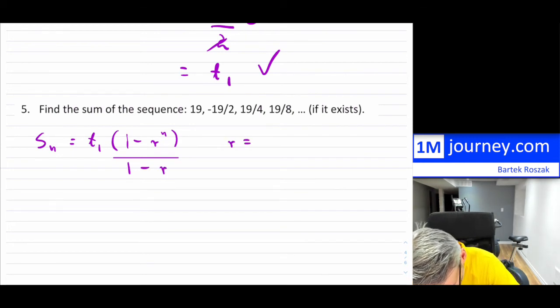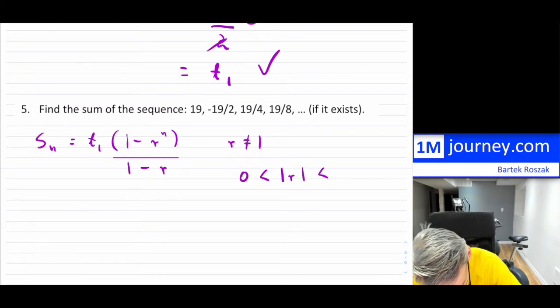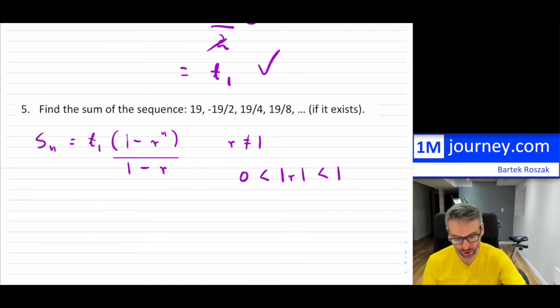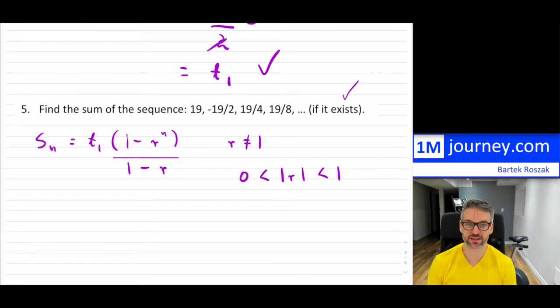Now, r is not equal to 1, but if we find that the magnitude of the ratio between the terms is between 0 and 1, then we know that this series exists. And this looks like an infinite series because they say dot, dot, dot, so they didn't stop.